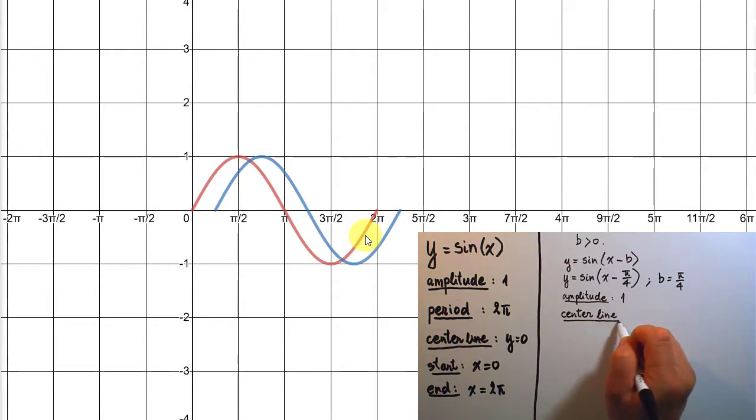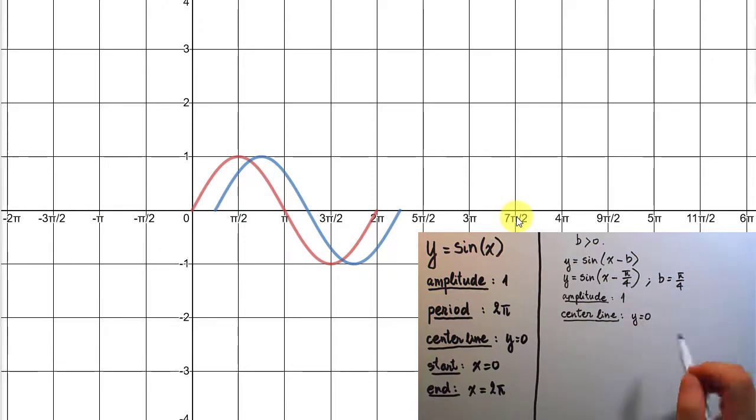The blue graph and the red graph both stay on that same center line. In this graph it's the x-axis, so the line itself has the equation y equals 0, namely the x-axis. And now the period.